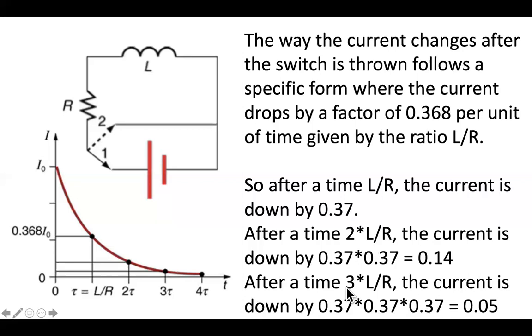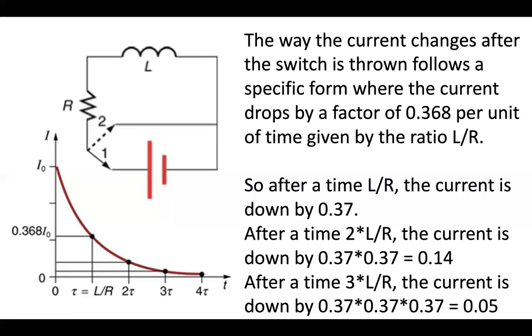Every extra time, you have to multiply by an extra 0.37. This is the nature of exponential decay. It's also the nature of exponential growth. So the current will fall at first quickly and then more and more slowly until it hits zero. This is what happens if you pull the battery out by throwing the switch.